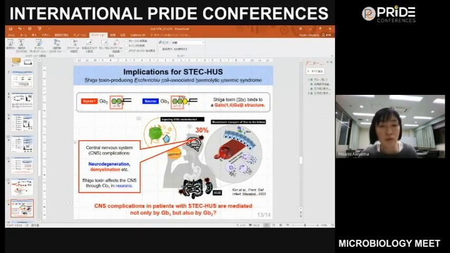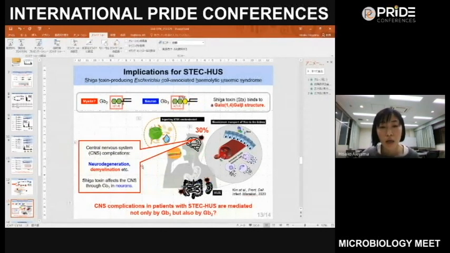As I introduced at the beginning, binding of Shiga toxin to GB3 has been reported to cause the CNS complications in STEC-HUS. As GB3 expression is found in neurons but not in myelin, I think it is difficult to explain why demyelination occurs in CNS complications in STEC-HUS.